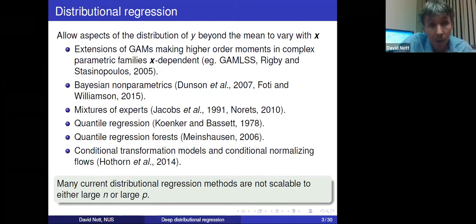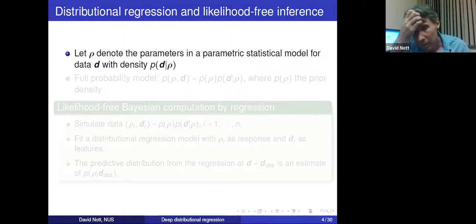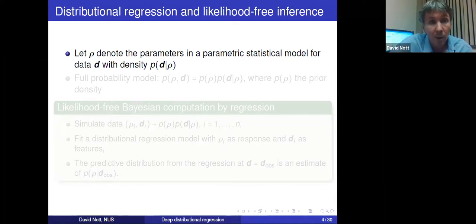Before I proceed further, I think it's a good idea to explain why I'm talking about distributional regression at an ABC seminar. One approach to doing likelihood-free inference uses regression. Suppose I have a parametric statistical model for some data D with parameters rho.